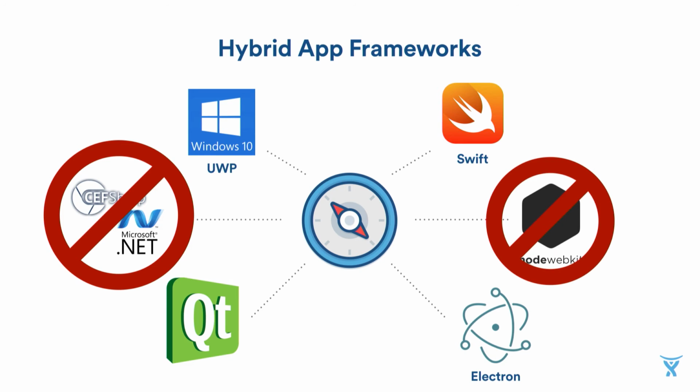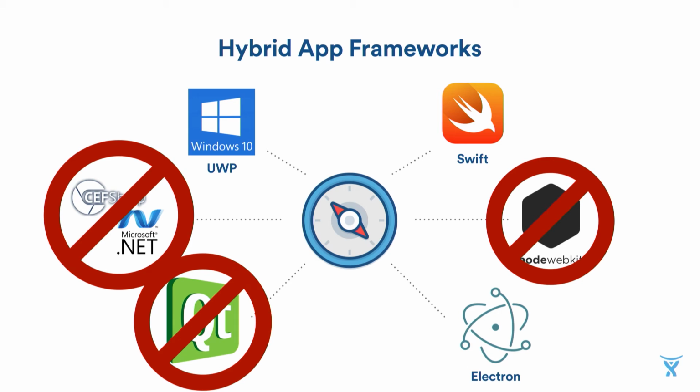Node WebKit is another one. It used to be very popular. It's been kind of replaced by Electron. There's another one called Qt, and Qt is actually really good. There are a lot of apps out there written in Qt. And Qt is not just a hybrid framework. It's a full desktop framework for building desktop apps.